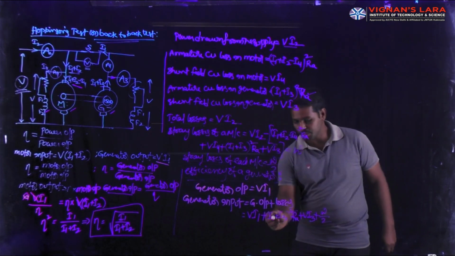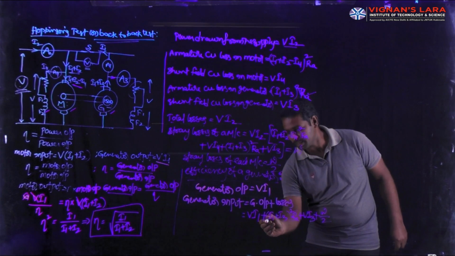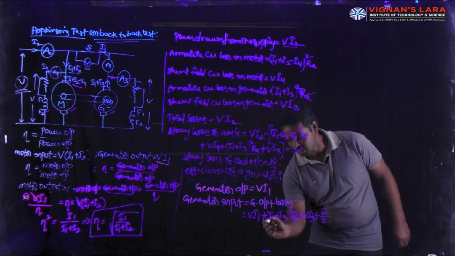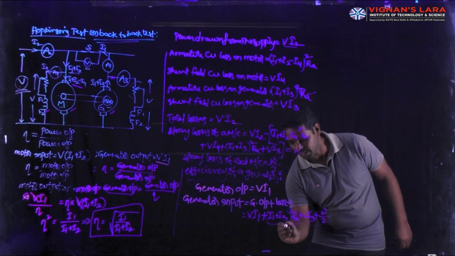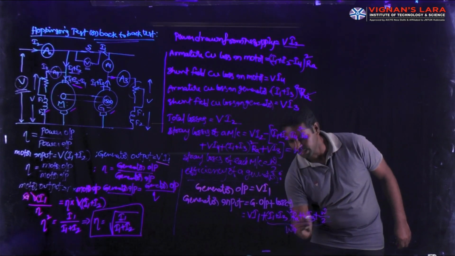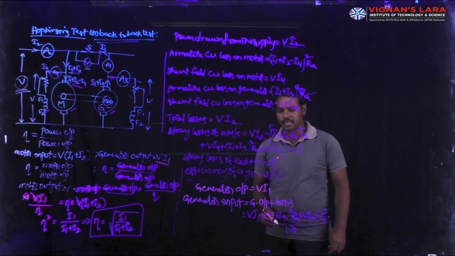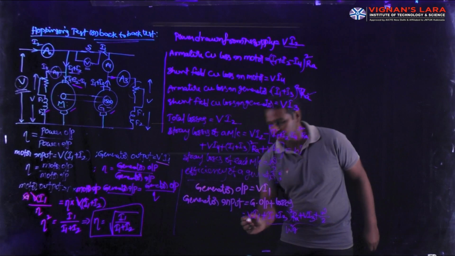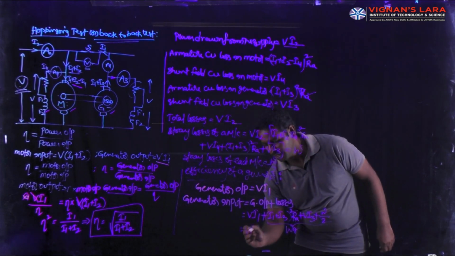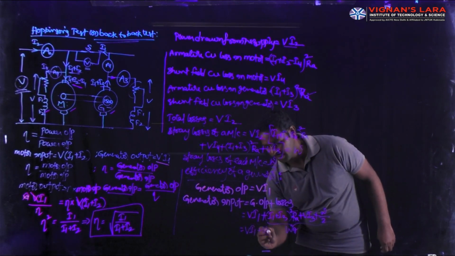This total is represented by WG, the generator losses. So the generator input is equal to V into I1 plus WG.